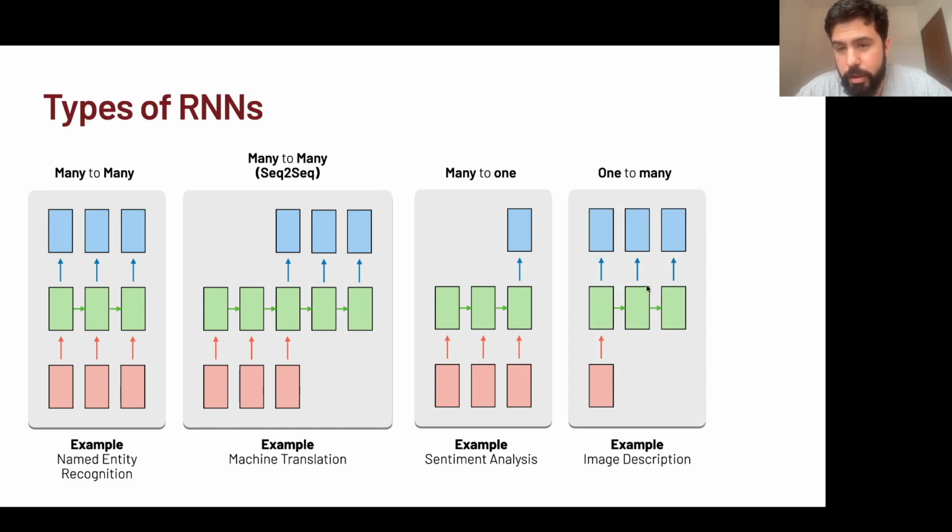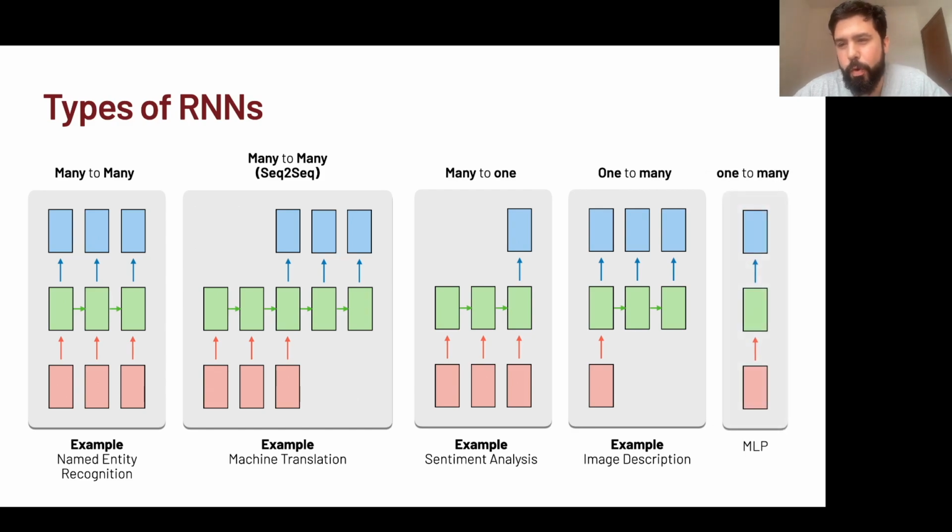And we also have one-to-many. For instance, image description. If I had an image of a cat and I wanted to say, oh, this is a cat lying by the window, I have an image as input, and this image somehow has to become a vector. And then I have to output a sequence based on that single input. Okay, and that's another configuration that you can have with RNNs.